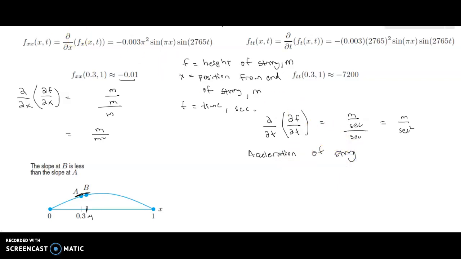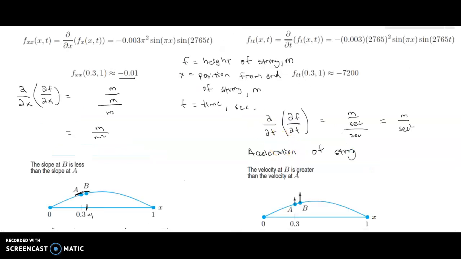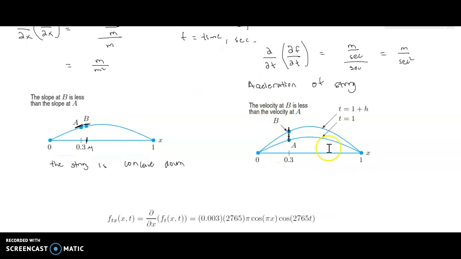Okay, so let's look at a picture of that. So here we are at x is 0.3, and we want to know what happens to how fast the string is oscillating when we look at it one time unit later. So at this moment in time, I had the wrong picture up here.